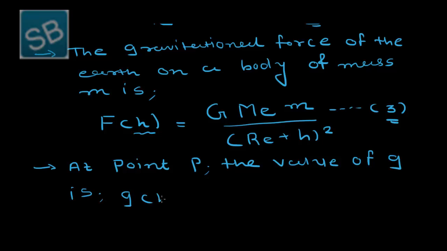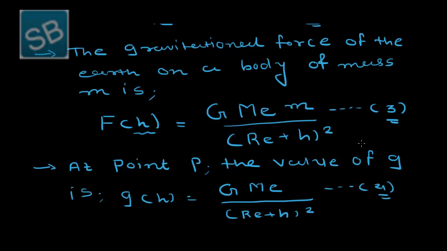So g at h is equal to G M_E divided by R_E plus h whole square. I have just compared equation number 3 with Newton's second law of motion. Now I am dividing equation 4 and equation 1.